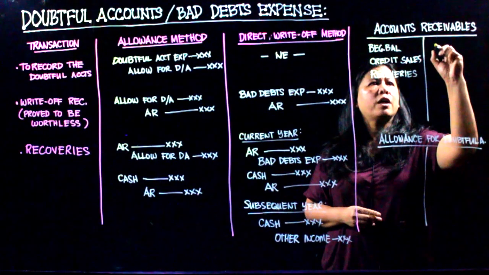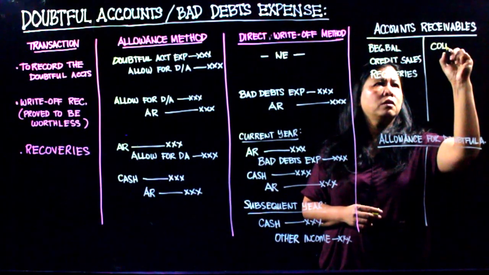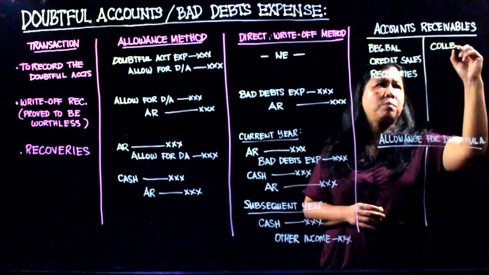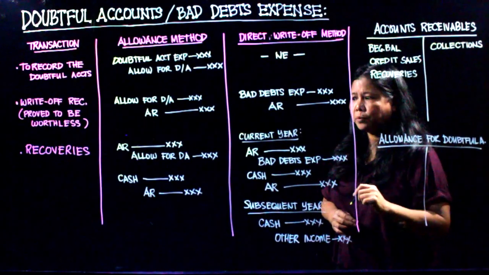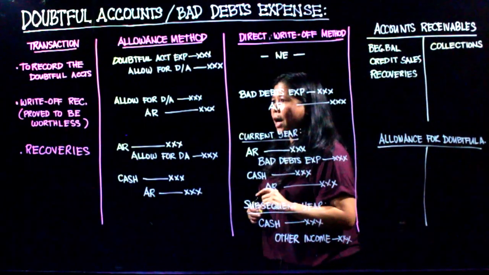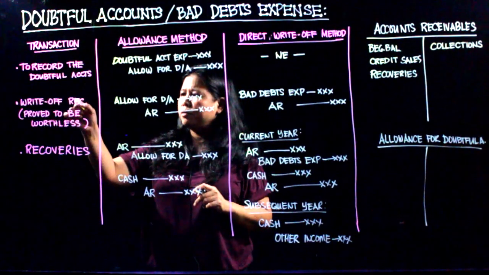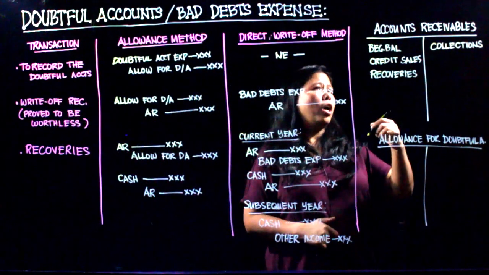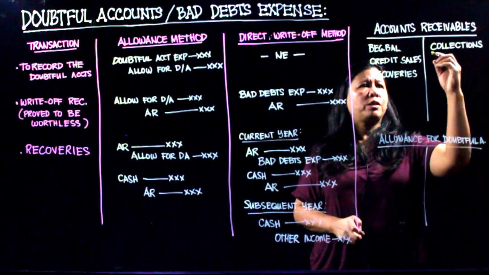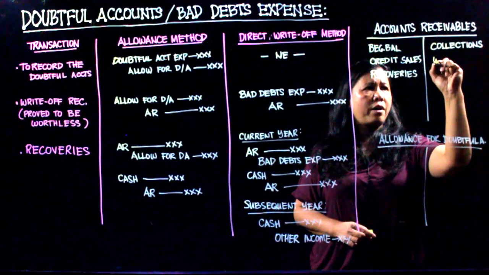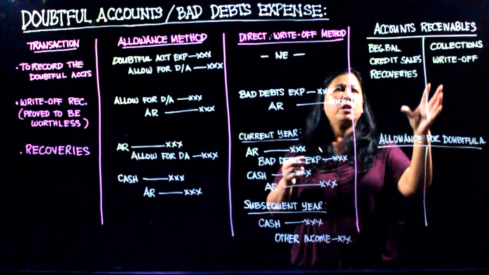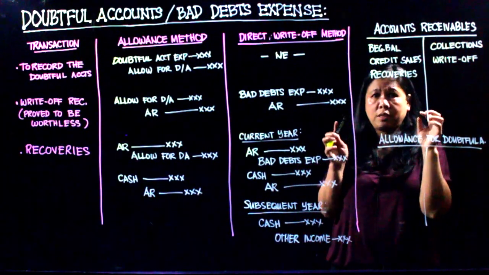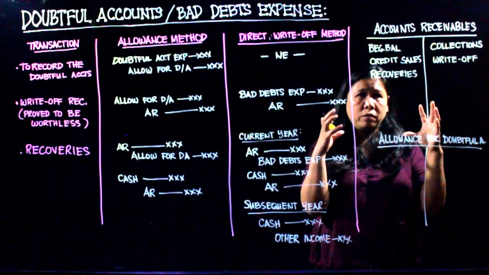So if we have collections, we credit accounts receivable. All right. And if we have a write-off of the receivable, we credit the accounts receivable. So on the credit side of the accounts receivable, we have our write-off. So these are the transactions that affect the accounts receivable.